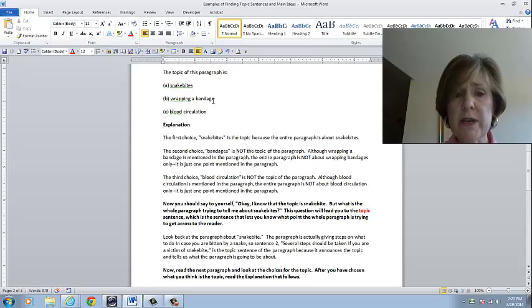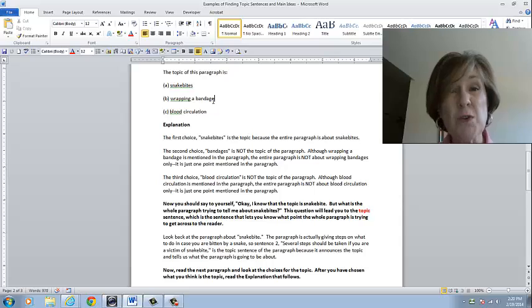The second choice, wrapping bandages, is not the whole topic of the paragraph. Although wrapping a bandage is mentioned in the paragraph, the entire paragraph is not about wrapping bandages only. It's just one point mentioned in the paragraph. So wrapping the bandage is not the topic.